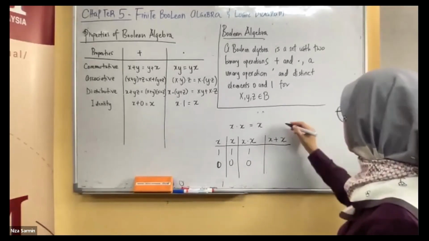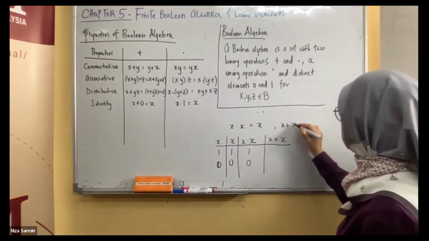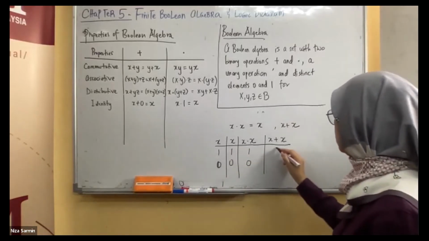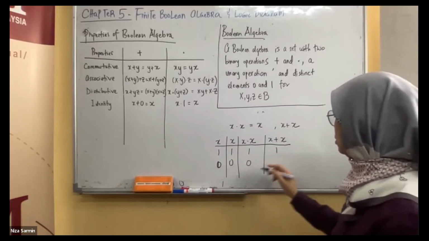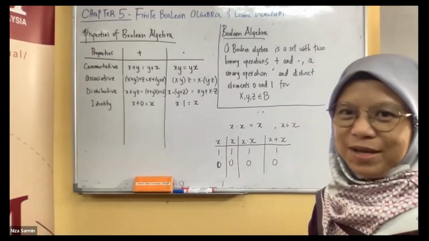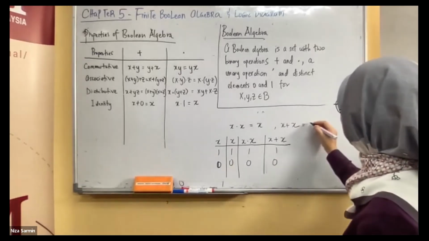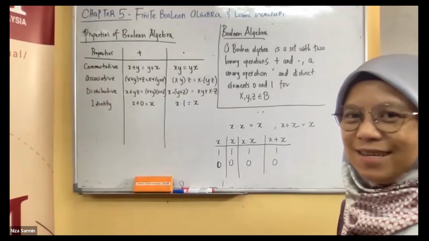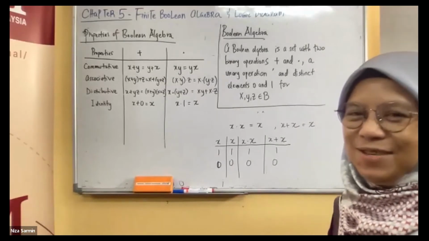What is x plus x? If this is 1, 1 is 1, 0, 0 is 0. So x plus x is also x. It's weird.